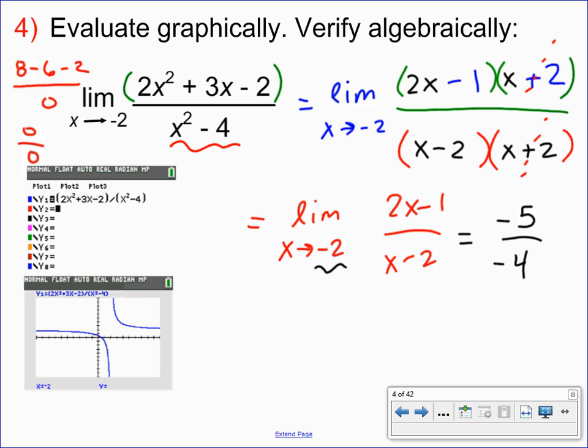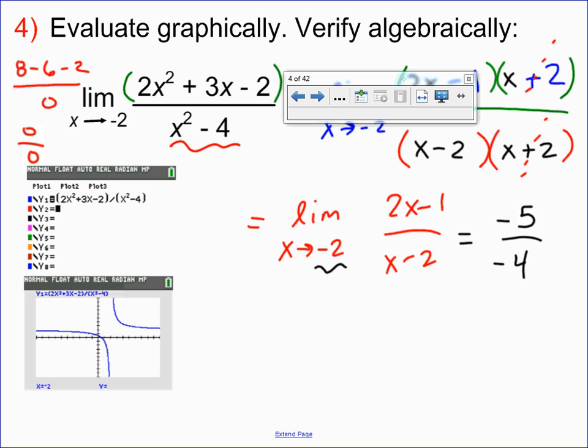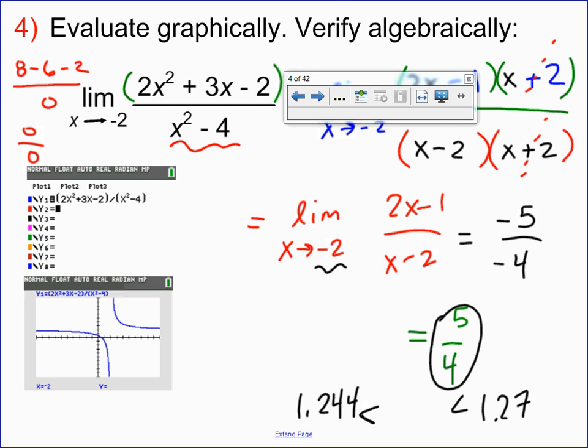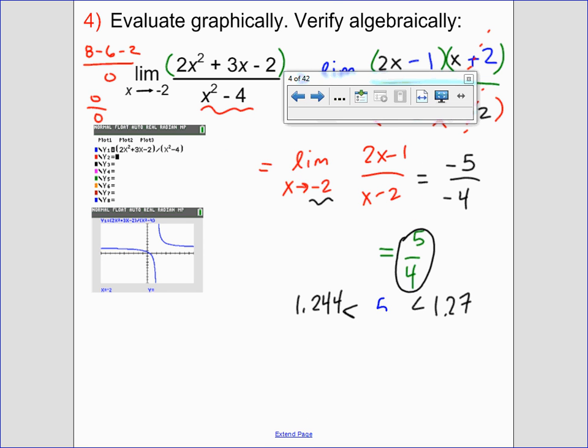I'm getting -5 divided by -4, which is 5/4. Is 5/4 in between our 1.27 and 1.244? Yes, it is. And so it looks like my 5/4 is reasonable according to the graph.